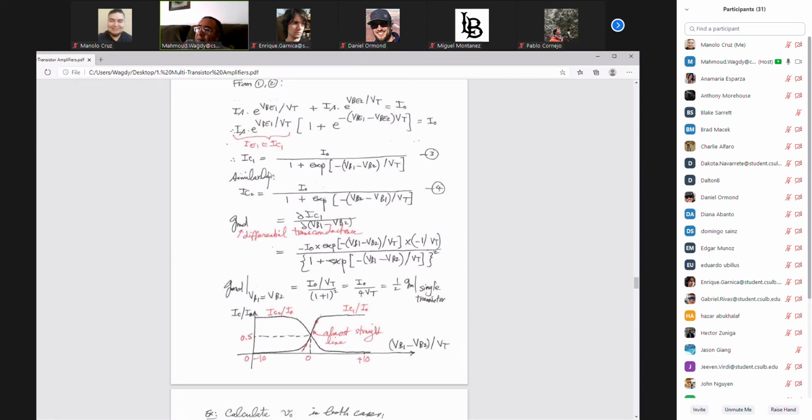IC1 is given by equation 3, and IC2 is given by equation 4. And both currents are shown in this figure.